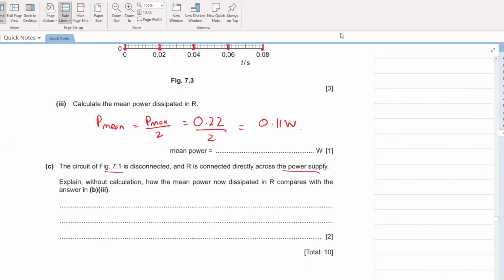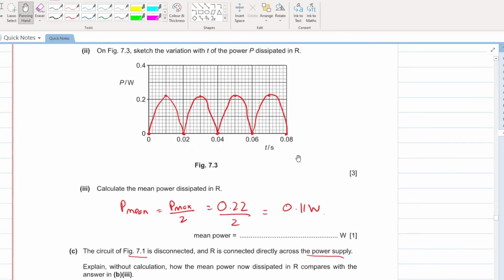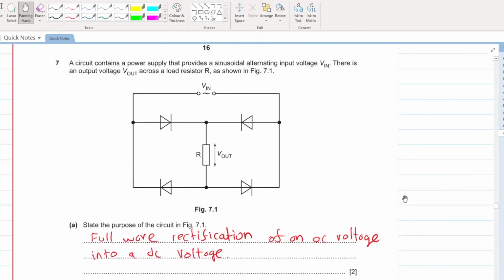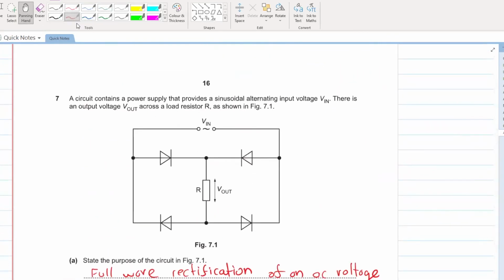What an interesting question. So the examiner is saying, now only geniuses will be able to answer. Let's leave all this garbage. We are just taking the input voltage and connecting it across a resistor, like this.